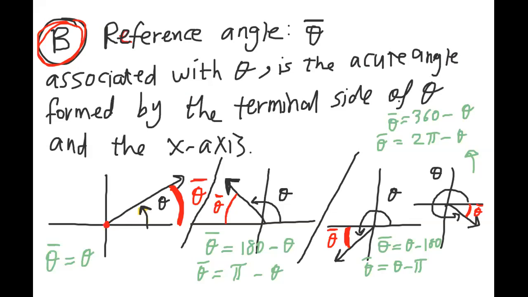After A and B, I can find the trigonometric function for any angle. But before we go into that, I will answer Taylor's question. She asked me about the 90-degree angle. If the angle theta is 0, the reference angle is 0.